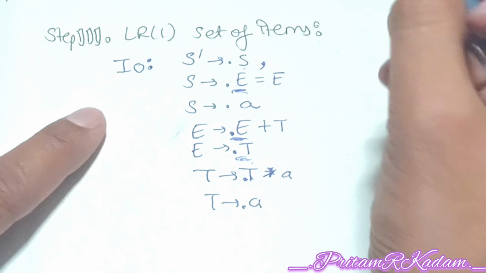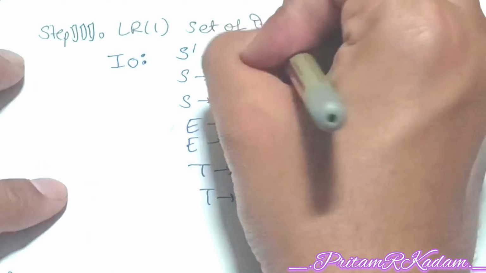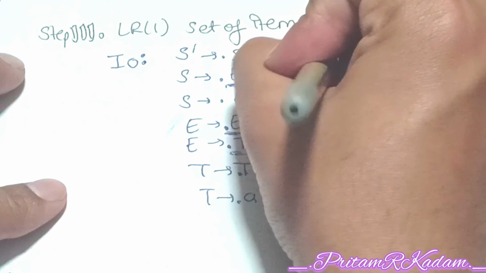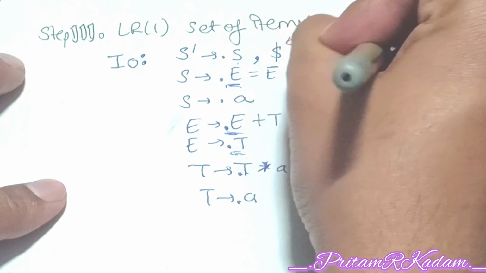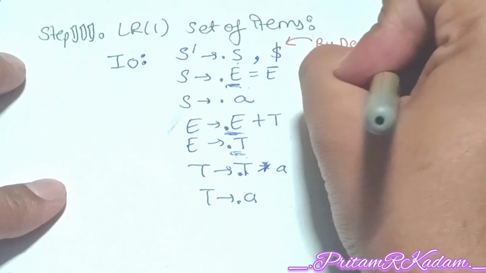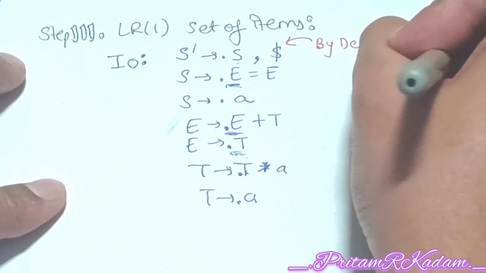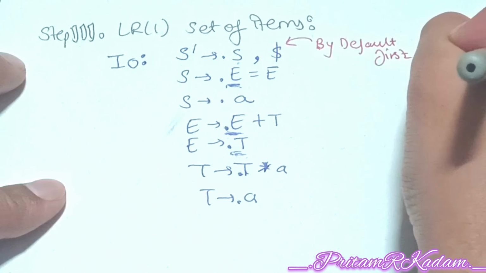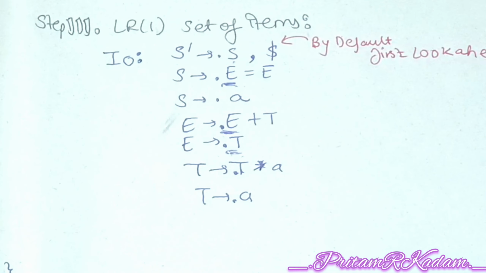So over here we have to write the look ahead. By default, the dollar symbol is the look ahead of the first S dash production, or the new starting symbol's production. So by default, first look ahead.